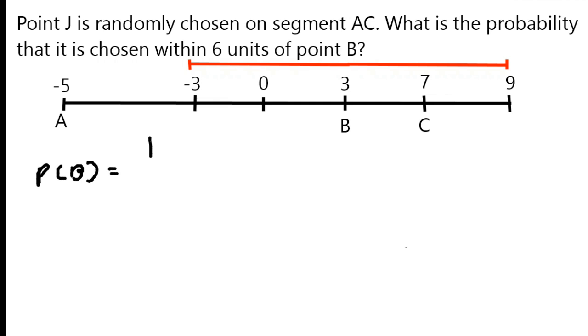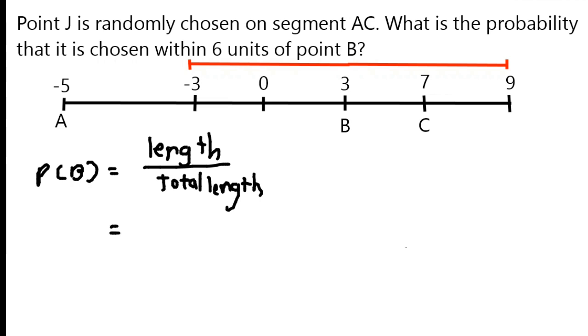So the probability that the point will be chosen near point B is the length divided by the total length. So how would we calculate the length? In order to do that, we're just going to add 7 and negative 3.